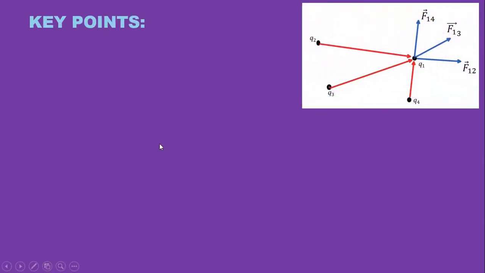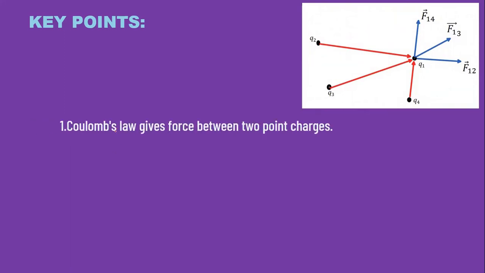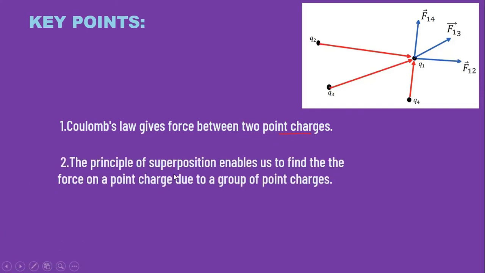Next, we have certain key points for the principle of superposition. The first key point is that Coulomb's law gives us the force between two point charges, whereas the principle of superposition enables us to find the force on a point charge due to a group of point charges.